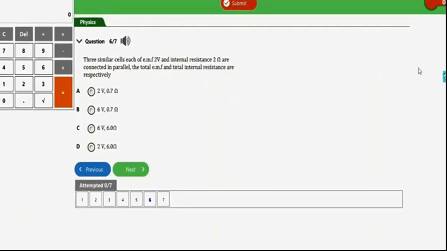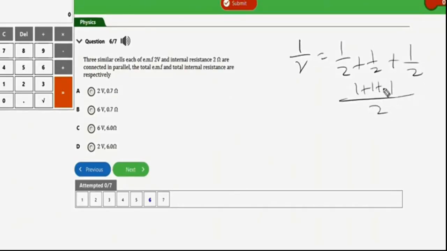That of internal resistance will be, for parallel connection, 1 over R equals 1 over 2 plus 1 over 2 plus 1 over 2. LCM is 2, so you have 1 plus 1 plus 1. So you're left with 1 over R equals 3 over 2, cross multiply. So you have 2 equals 3R, divide both sides by 3.